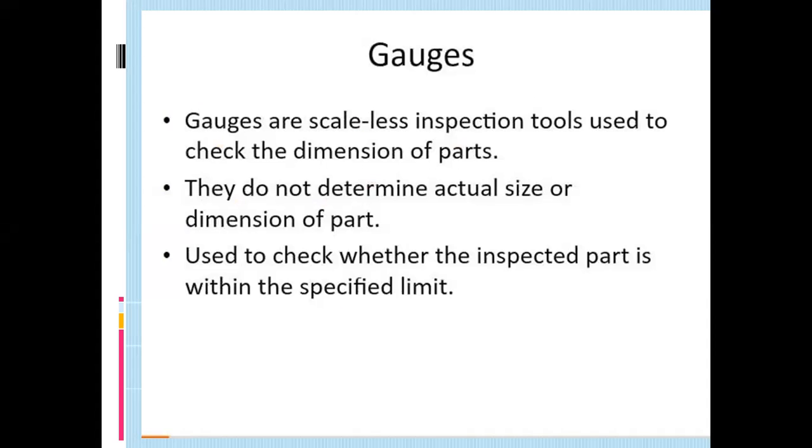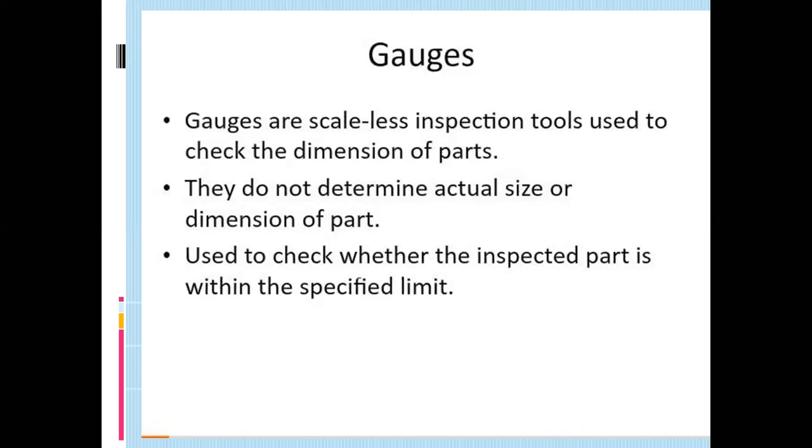See, just now we have seen the problems of how to calculate the limits of hole and shaft. Suppose you have manufactured a hole having the limits 25.025 mm and 25 mm. The upper limit of the hole is 25.025 mm and the lower limit of the hole is 25 mm. Then how do you check whether these two limits are correct or wrong?